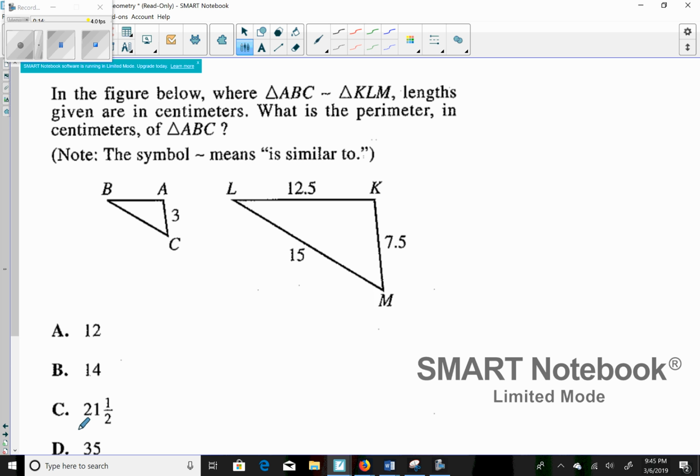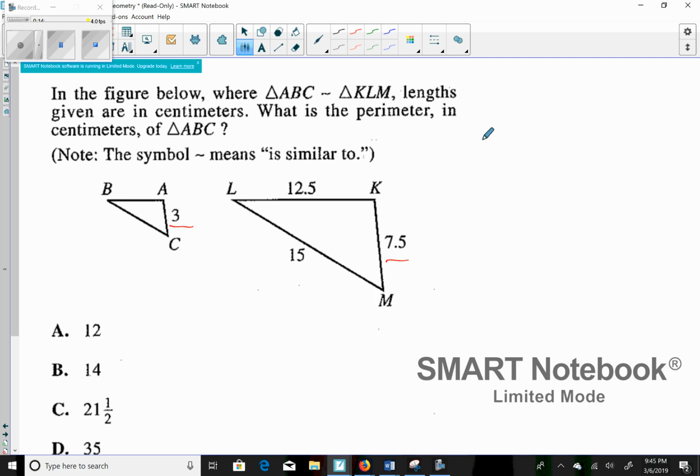Number 11, in the figure below, where triangle ABC is congruent to triangle KLM, lengths are given in centimeters. What is the perimeter in centimeters of triangle ABC? So I have this ratio, because they're similar, of 3 to 7.5.